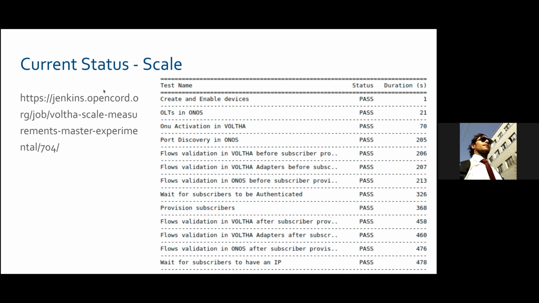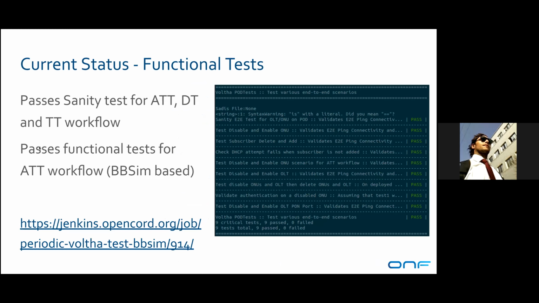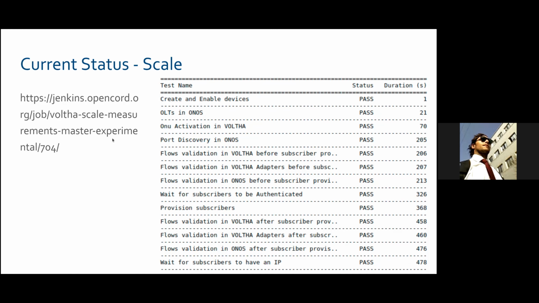The current status of the application is that yesterday we got the first success at scale on the AT&T workflow with 1,024 subscribers. This process is not super stable yet because of the issue with the flow ordering we are chasing in the core.